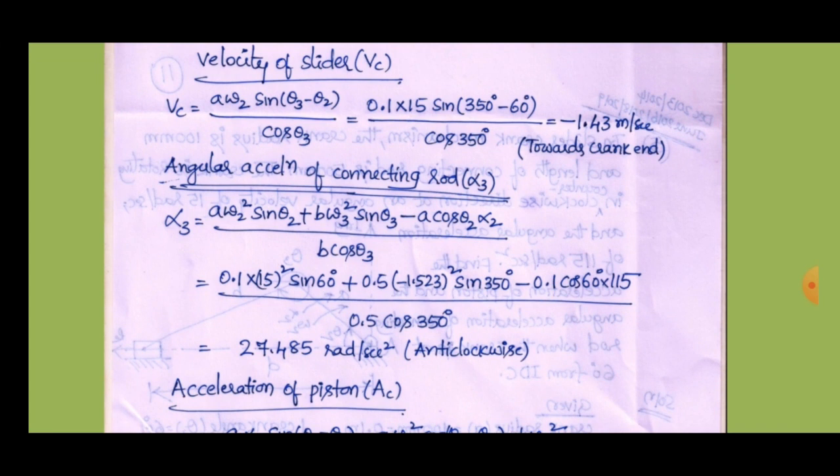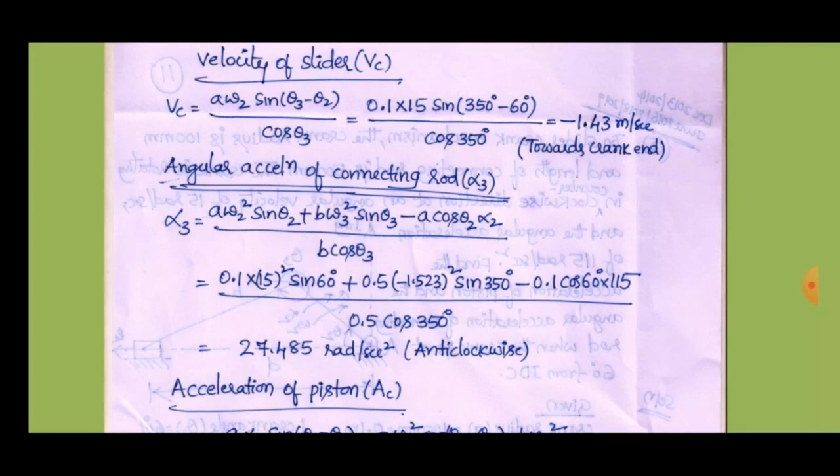A is 0.1, omega 2 is 15, sine of theta 3 is 350, theta 2 is 60, by cos 350. It will be minus 1.43. Therefore, it is linear velocity, meters per second, because it is negative, in the bracket towards the crank end. Slider is moving with a velocity of 1.43 meters per second.